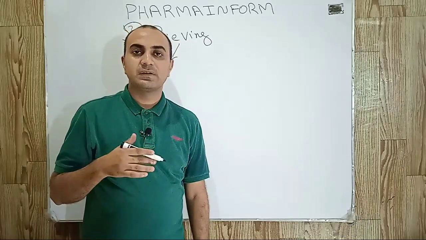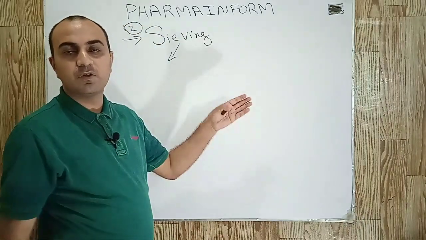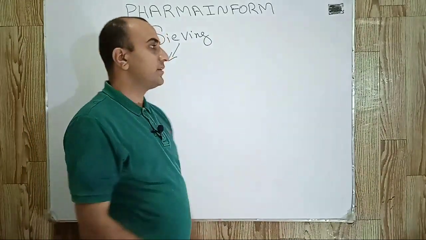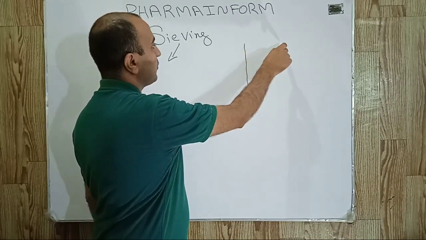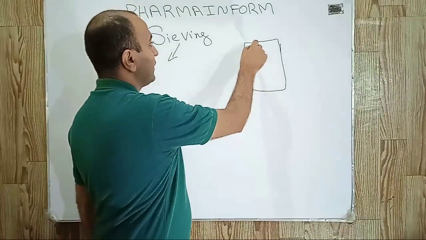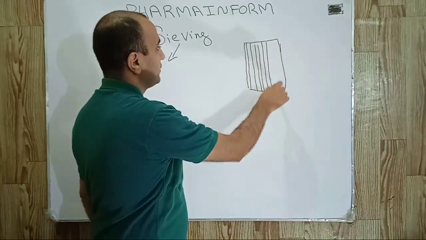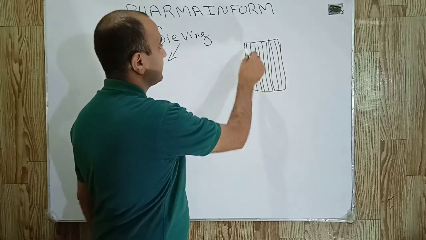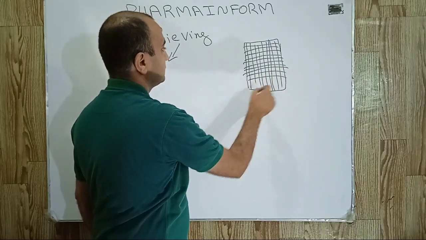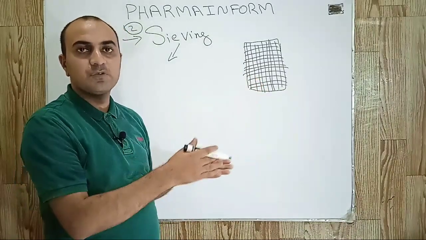Most people do not physically watch the sieve, so I am going to give you a brief, rough diagram of the sieve so you can easily understand. Basically, a manual sieve is an SS frame in which we have a fine net of wires, a simple sieve or hollow structure.